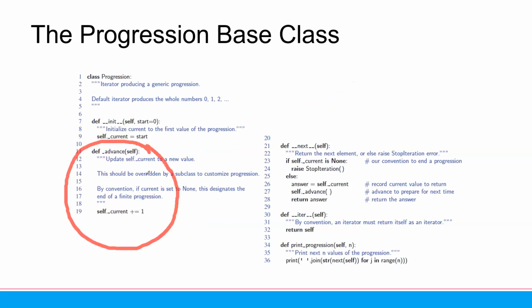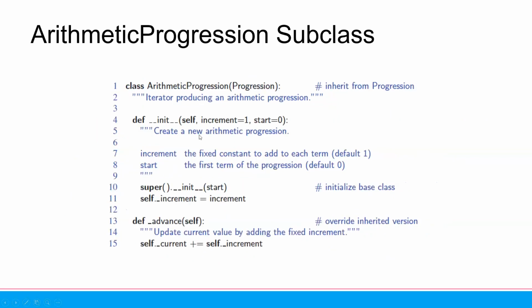So in the progression, we already have advance. It means I want to go to the next value. But the next value will depend on the progression type. If the progression type is arithmetic, then it will be addition. If the progression is geometric, it will be multiplication. Then we can update this method in every one of these subclasses.